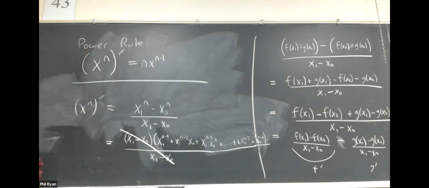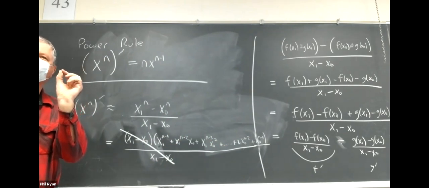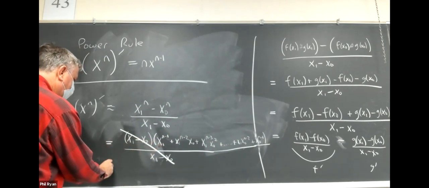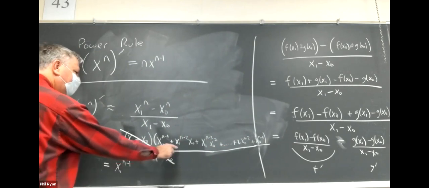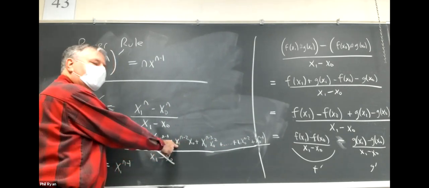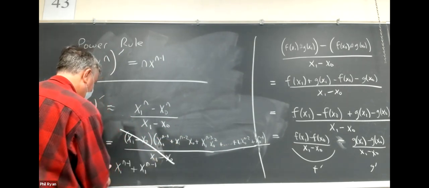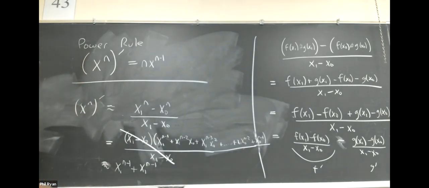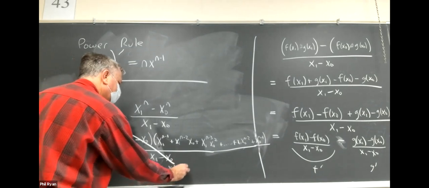But what happens when x1 is really close to x0, so that they're basically the same thing? We get this one is x1 to the n minus 1. Well, if x0 is basically the same thing as x1, that's x1. I'll just do approximately, when they're really, really close. We get a whole bunch of x1 to the n minus 1s.